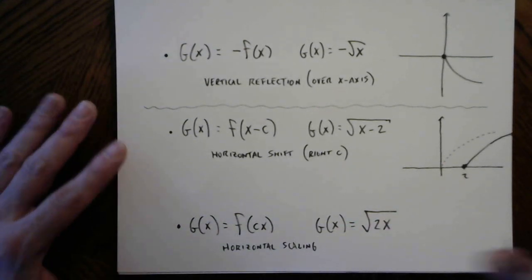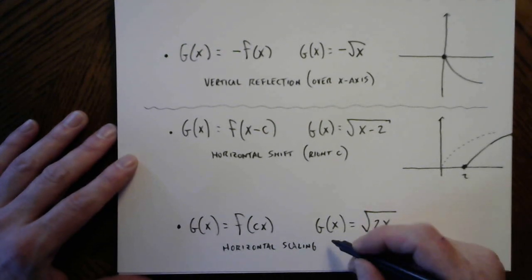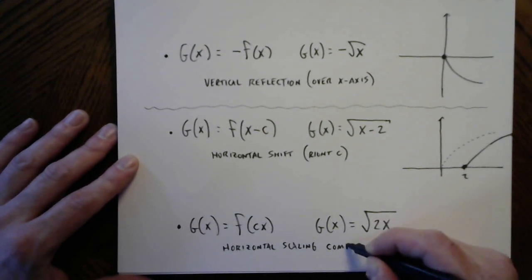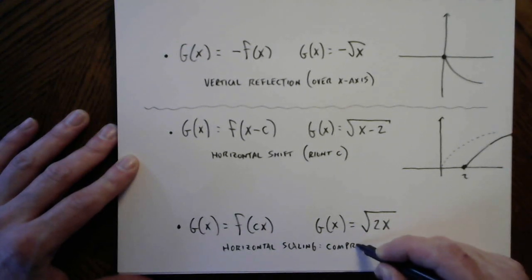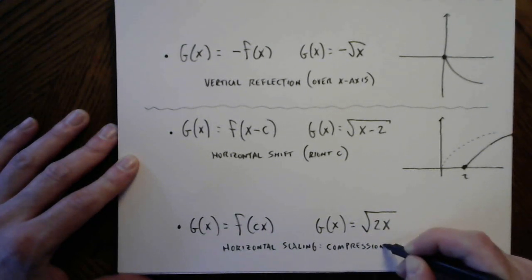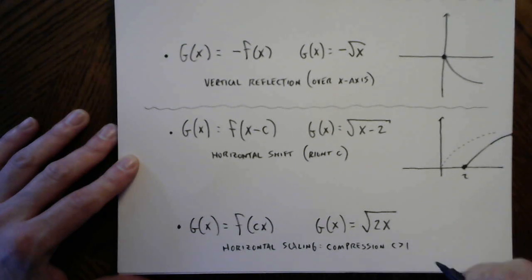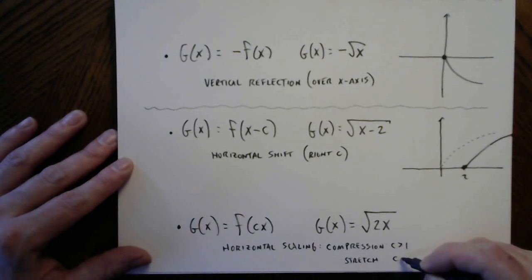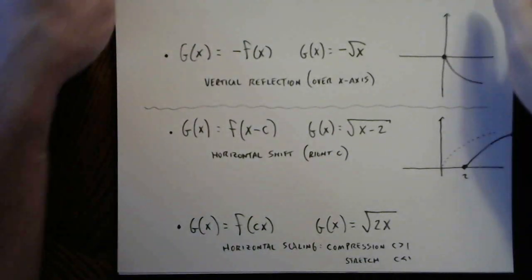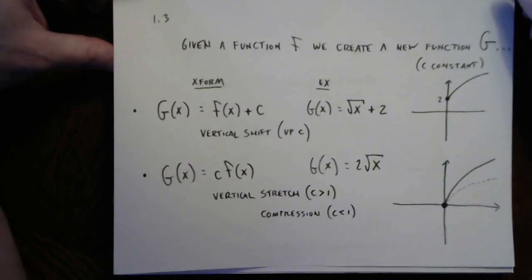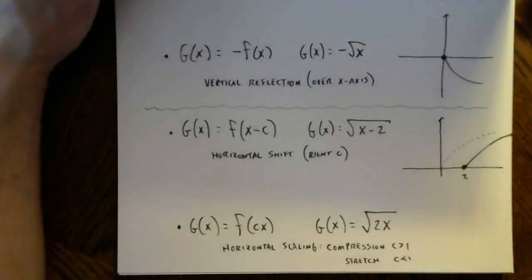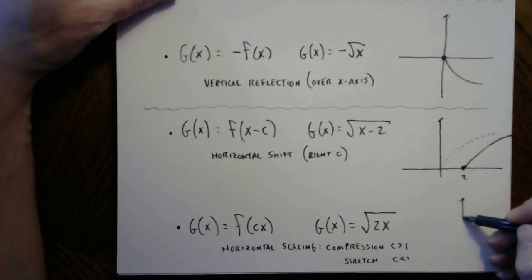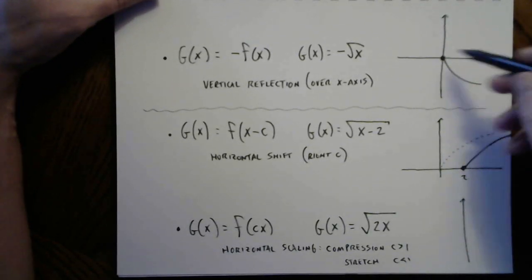And again, we have this is the opposite. This is a compression for c greater than 1. And this is a stretch. Stretch. How do you spell that? C less than 1, which is the opposite of the vertical effect. So this will be, and again, you notice I'm not putting a lot of numerical information.